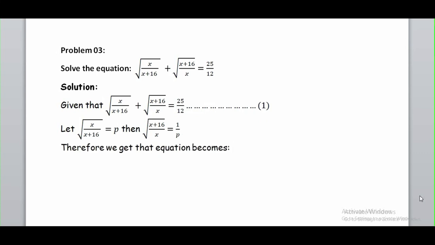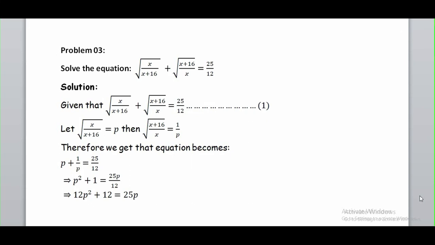Now the equation becomes p plus 1 by p equal to 25 over 12. Now multiplying both sides with p, we get p square plus 1 equal to 25 p by 12, which gives us 12 p square plus 12 equal to 25 p.